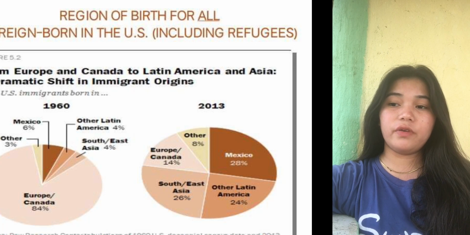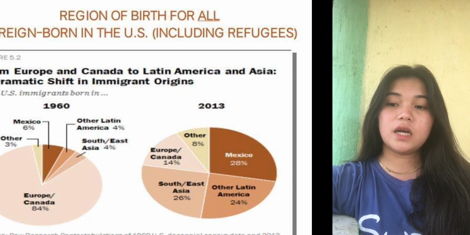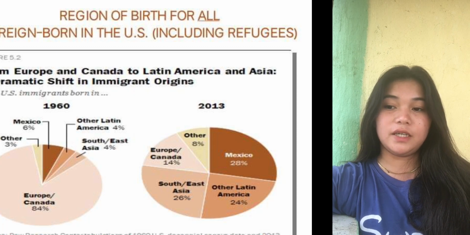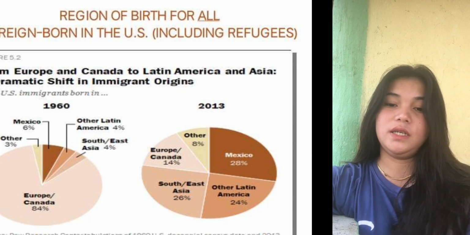A dramatic shift in immigrants' origin as a percent of U.S. immigration: in 1960, Mexico 6%, Latin America 4%, Southeast Asia 4%, Europe and Canada 84%, other 3%. While in 2013, Mexico 28%, Latin America 24%, East Asia 26%, Europe and Canada 14%, while other is 8%.